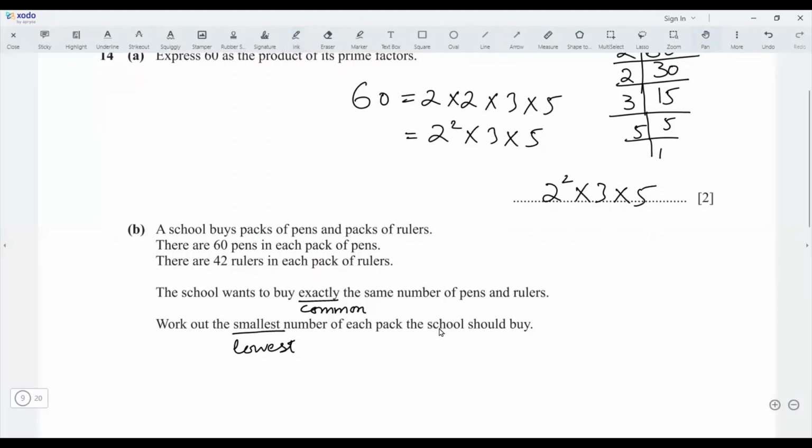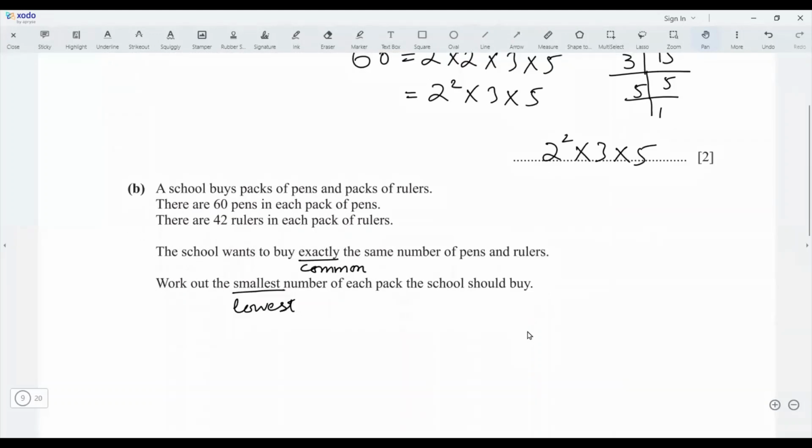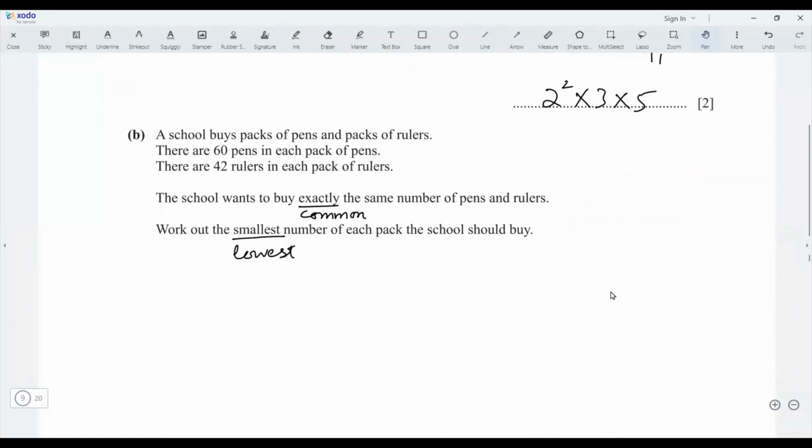They're asking for the smallest number of packs of rulers and the smallest number of packs of pens that the school buys. So we have to do the LCM of 60 and 40, and then we will solve it further. So we're going to divide 60 and 40; both are even numbers. We divide by 2 to get 30 and 20. Again, divided by 2 gives 15 and 10.